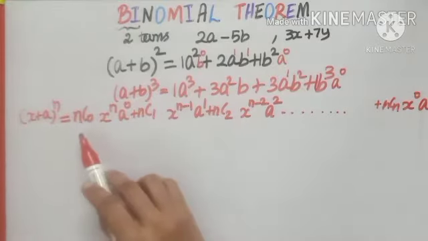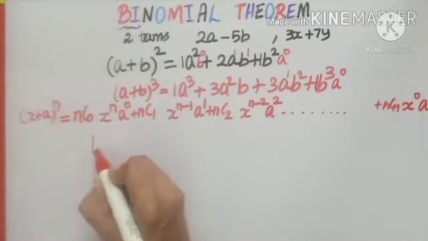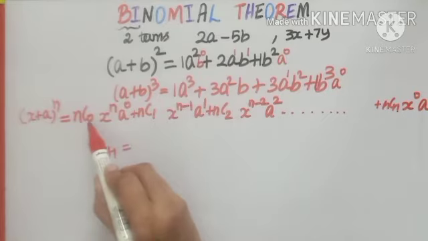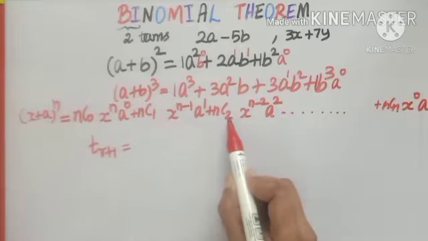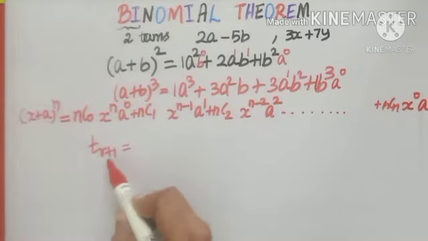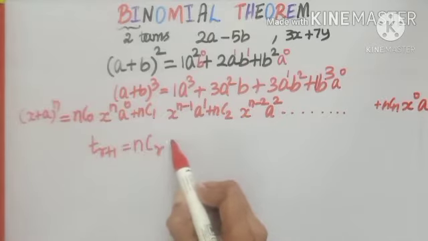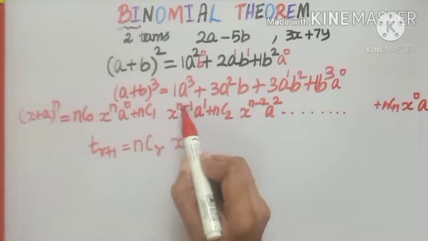What all we understand from this expansion? First of all, how will I write the general term? See, first term is having 0. Second term is having 1. Third term is having 2. So, r plus 1th term, I will write nCr. X power: here n and 1, power is n minus 1.